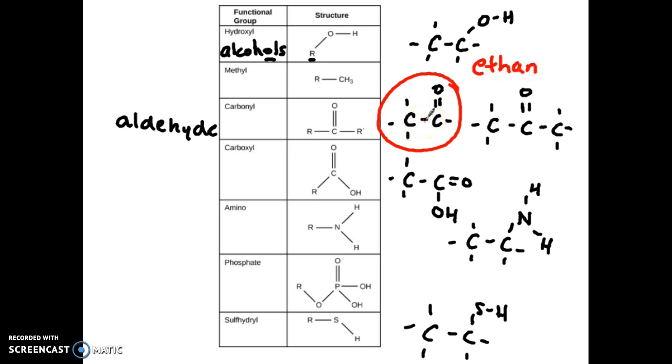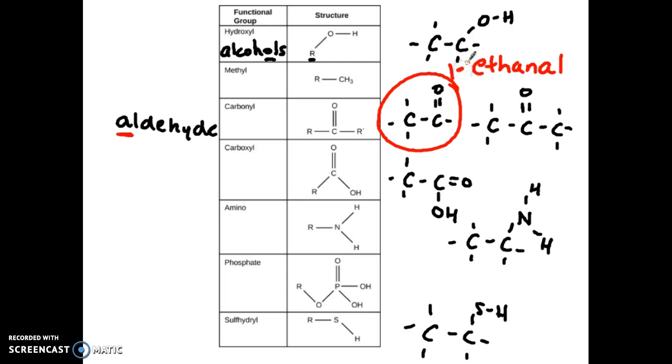But because this is an aldehyde, we have to recognize in the name that it doesn't have an OH, it has a double bonded O, so they added an AL ending, corresponding to the aldehyde, so you can see that connection. Because it's always on the end, technically you're always going to have a 1.